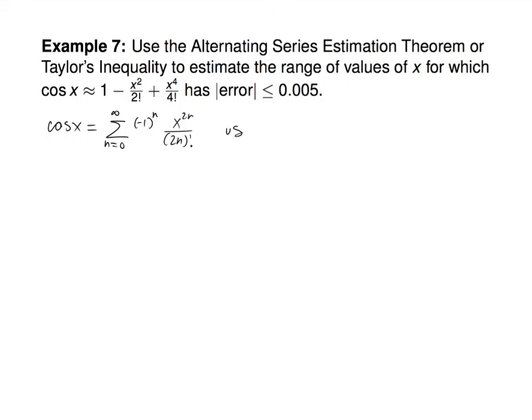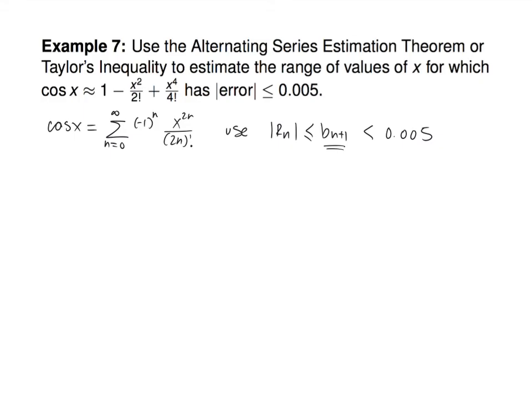So we're going to use R_n is less than or equal to B_(n+1), which we want less than 0.005. What this B_(n+1) is, is the next term you've left off.